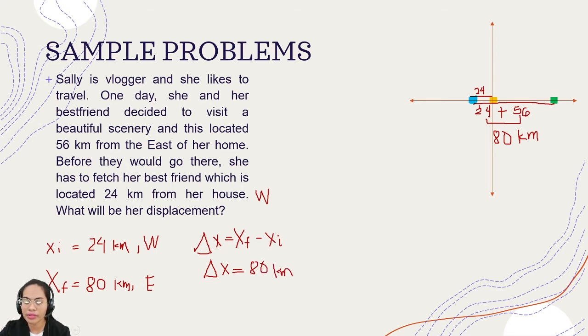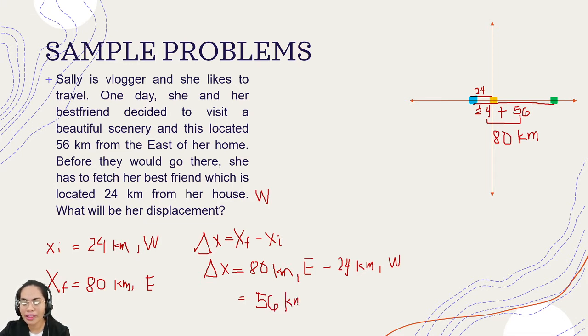Okay, let's put direction here. To the east minus, this is 24 kilometers to the west. Very good. So 80 minus 24, this is, okay, 56 kilometers.